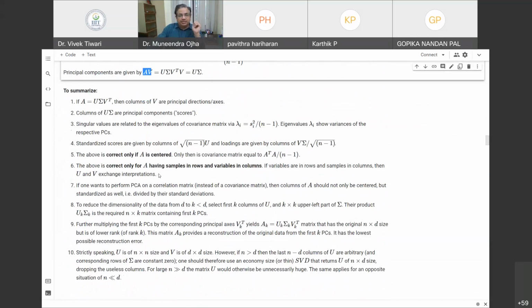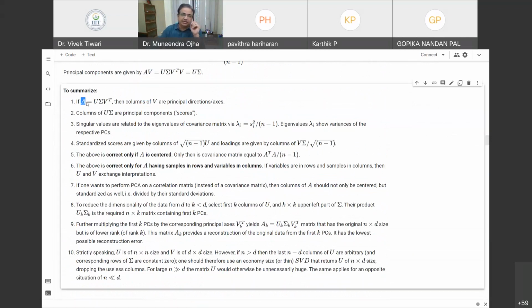To summarize this method, let us revise the steps we performed. First, we have a matrix A, the original data matrix. We perform a decomposition using the singular value decomposition, and we decompose it into three parts: U, sigma, V transpose. Then the columns of V are the principal directions or axes. The columns of U sigma are the principal components, the scores.